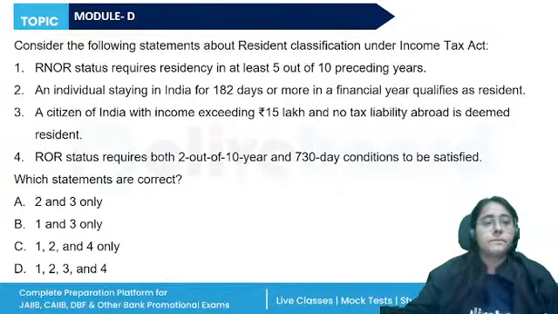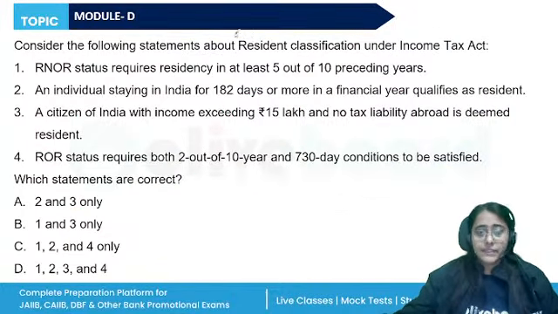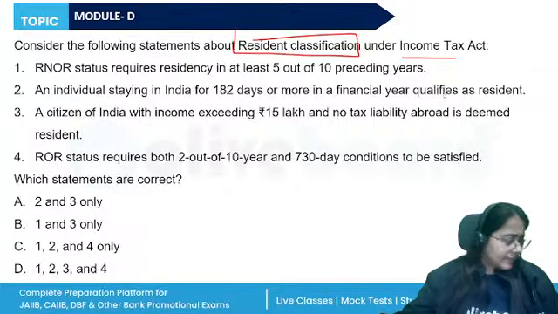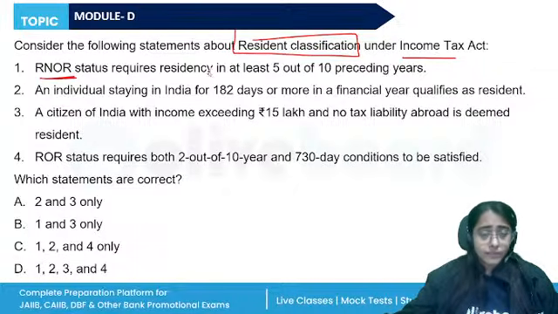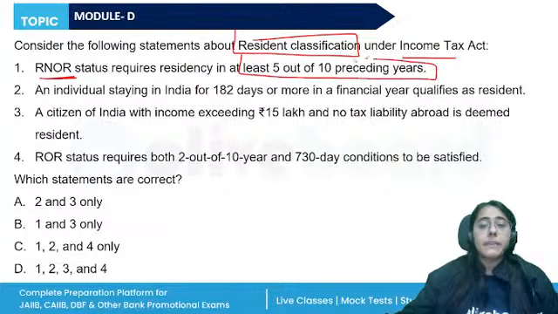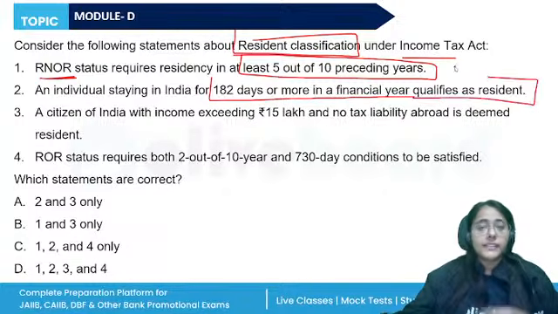Consider the following statements about the resident classification. Under the Income Tax Act, the resident not ordinarily resident requires residency in at least 5 out of 10 preceding years. An individual staying in India for 182 days or more in the financial year qualifies as a resident.